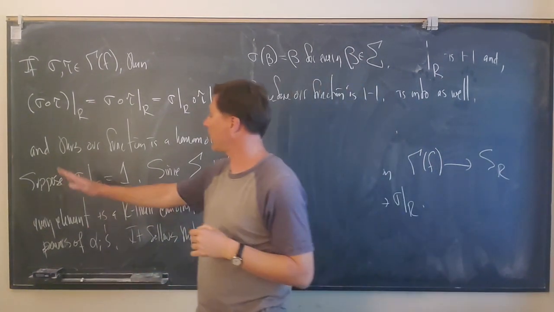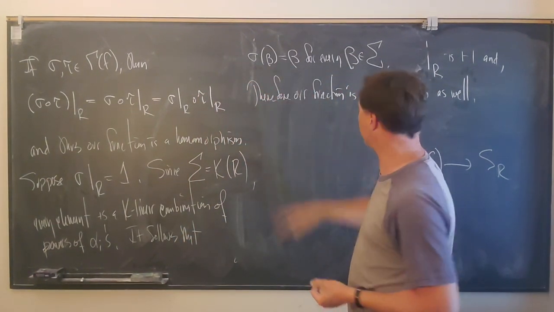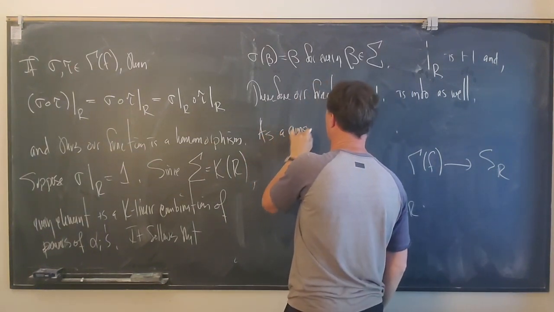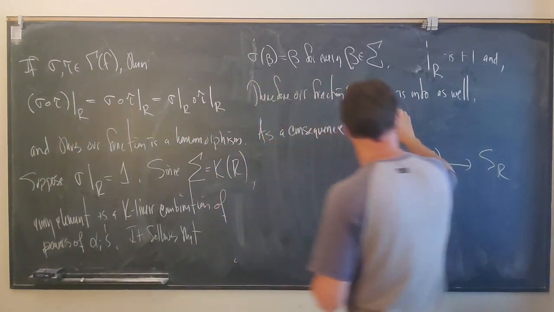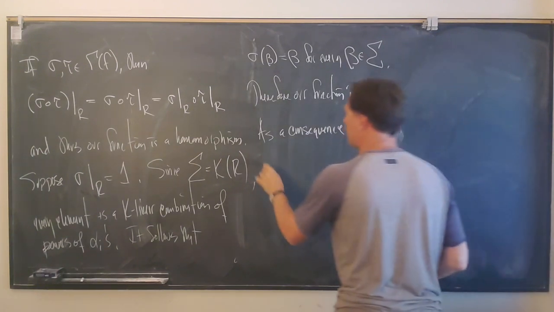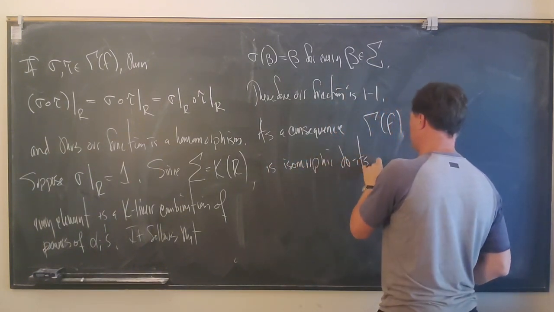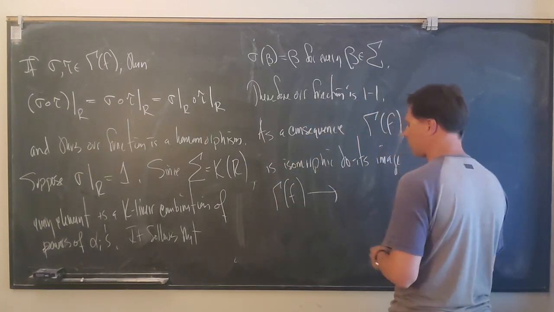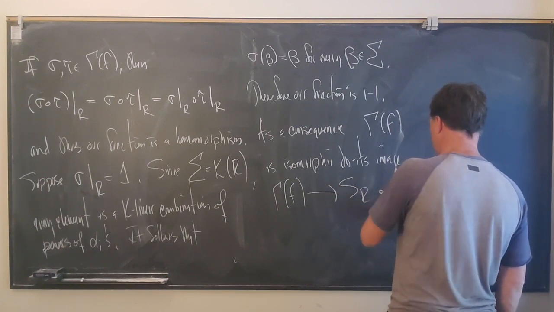If you have some element in the kernel, then that element had to be the identity in the first place. So as a consequence, gamma of F is isomorphic to its image under the function, gamma of F going into S sub R. And that's what we need.